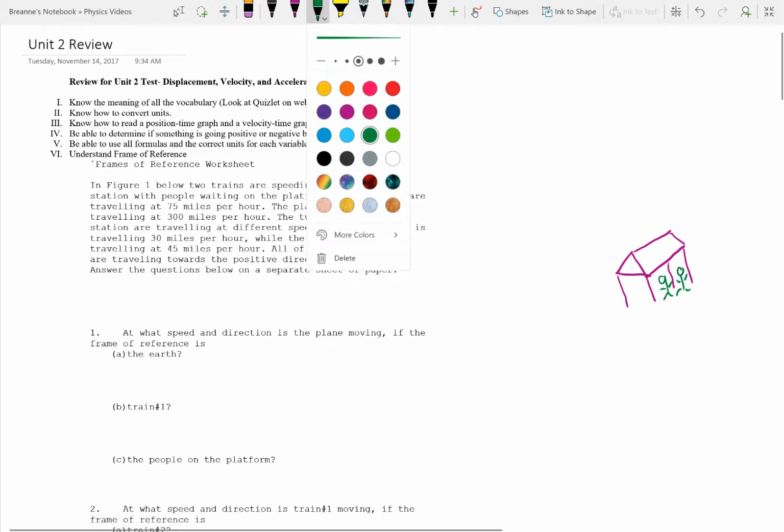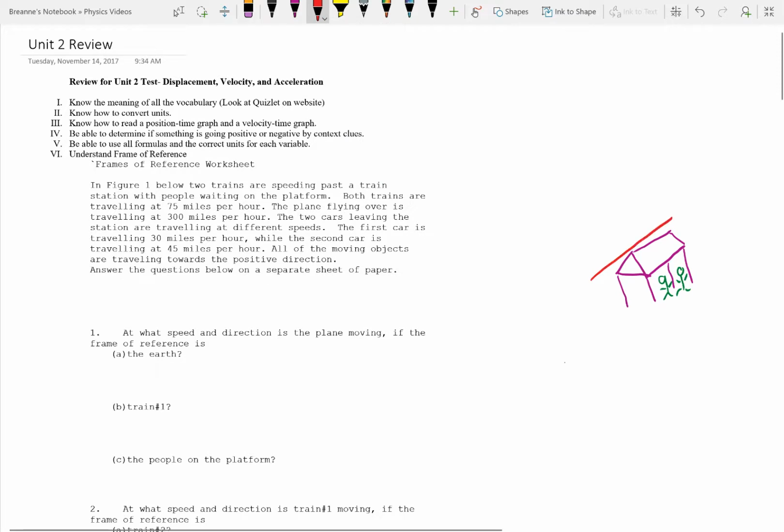There's 2 trains. So we have a train 1. And my trains are going to be very boxy because that's how I roll. So train 1, and train 2. We'll give it a little smokestack so we know it's a train.